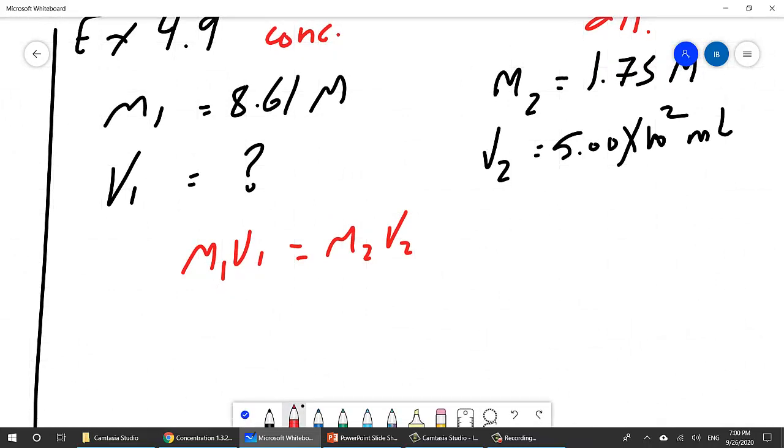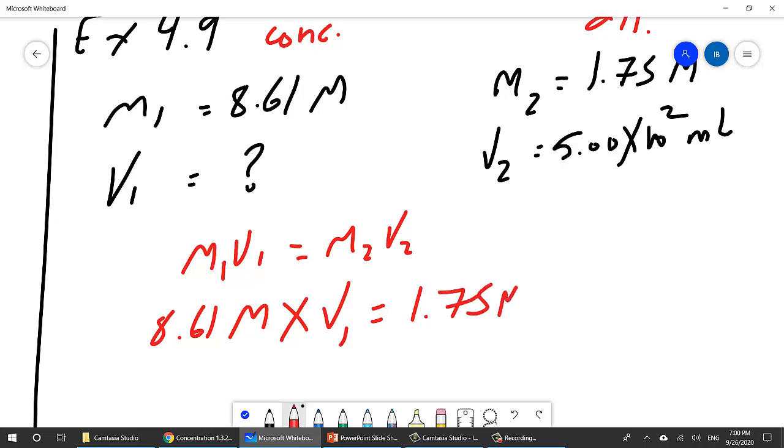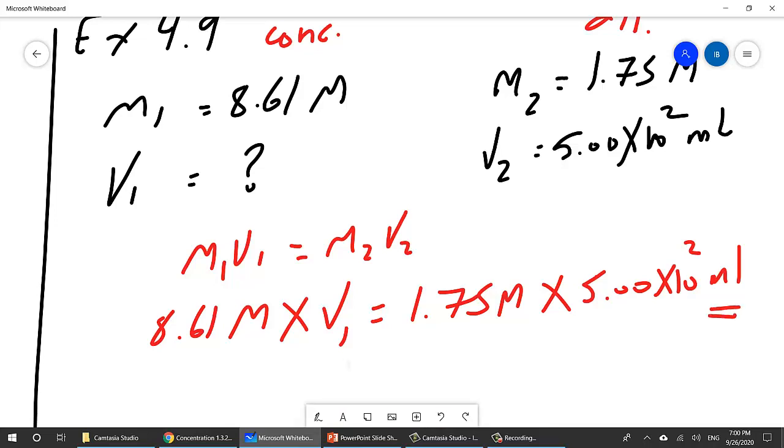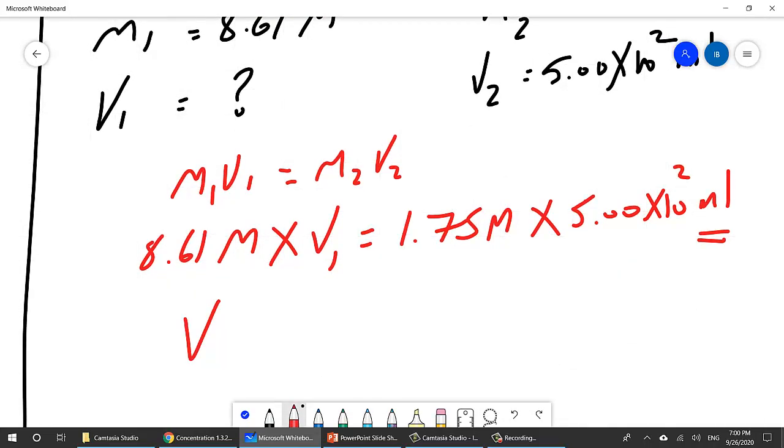So here I have M1, which is 8.61 molar, times V1, is equal to 1.75 molar times V2, which is 5.00 times 10 to the power 2 milliliter, and that should give you the answer in milliliter, right? So V1 should equal 1.75 times this divided by 8.61, and that should give you 102 milliliter.